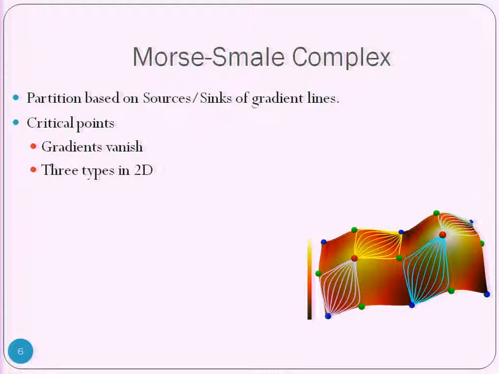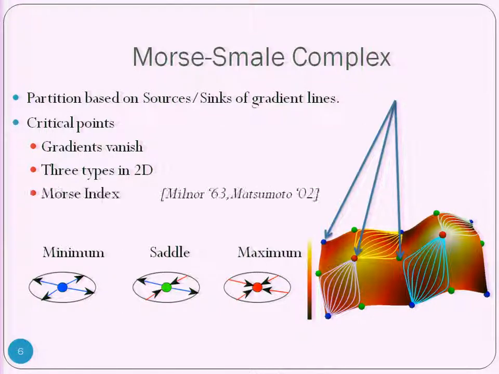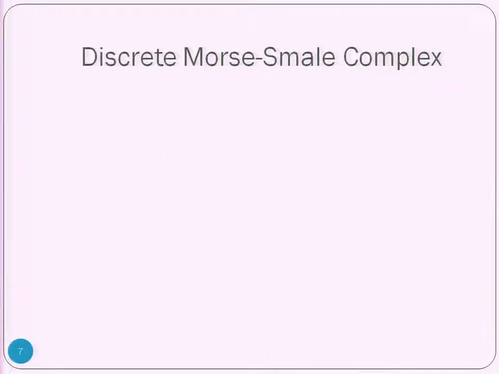In 2D, there exist three types of critical points, namely the minimum, the saddle, and the maximum. In Morse theory, one associates the concept of a Morse index with each critical point, which, roughly put, counts the number of principal directions in which gradients converge to the given critical point. For a minimum, this index is 0. For a saddle, this index is 1. And for a maximum, this index is 2.